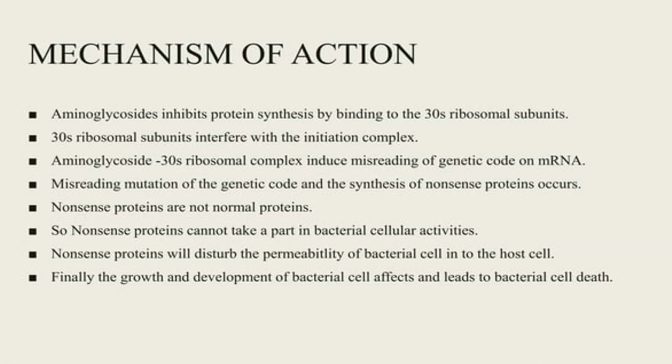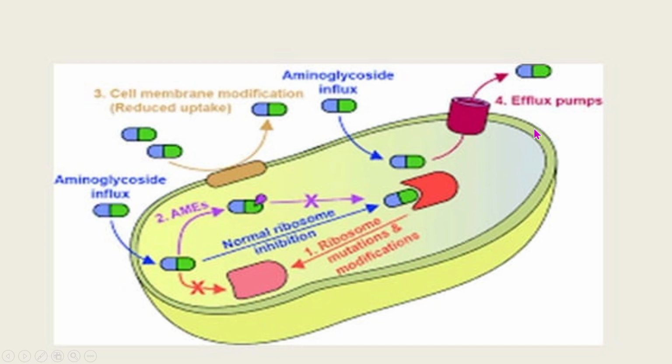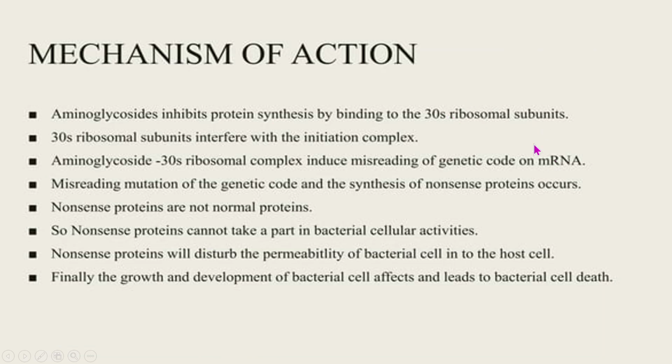Now, what is the mechanism of action of this particular drug, that is the aminoglycoside type of antibiotic? Already while discussing the introductory part, we discussed that aminoglycoside antibiotics inhibit protein synthesis while they bind to the 30S ribosomal subunit.